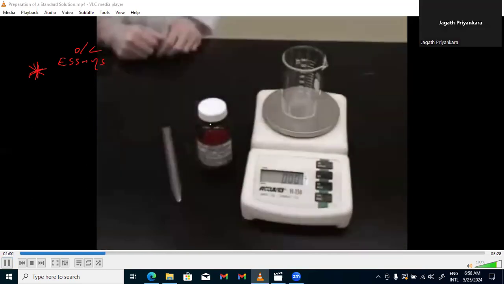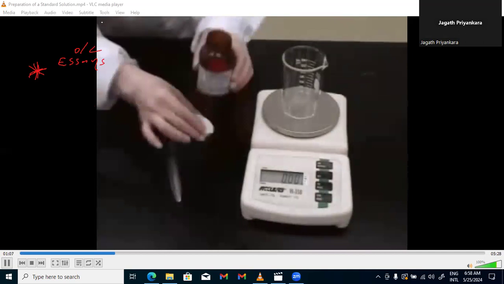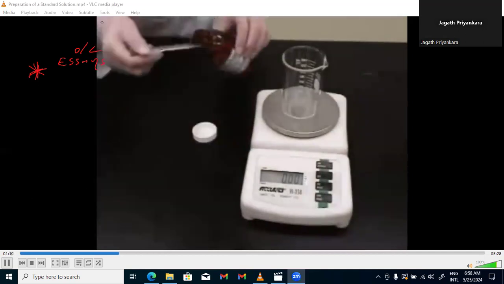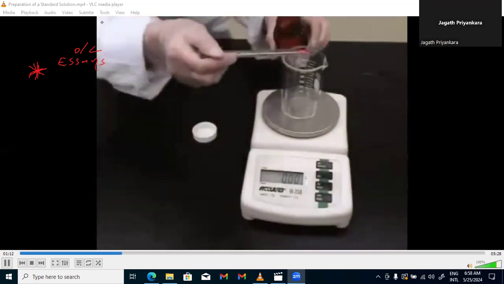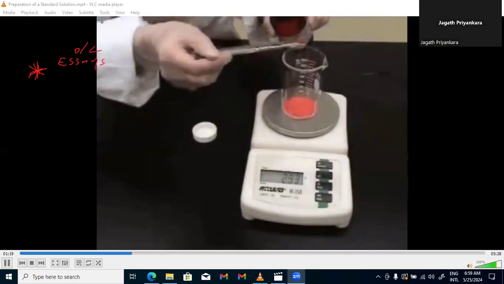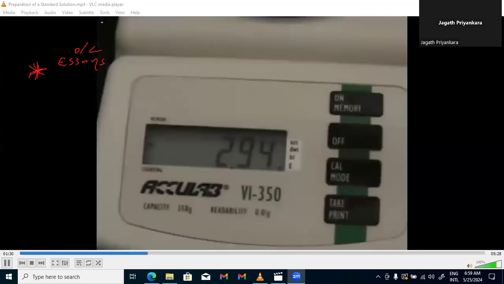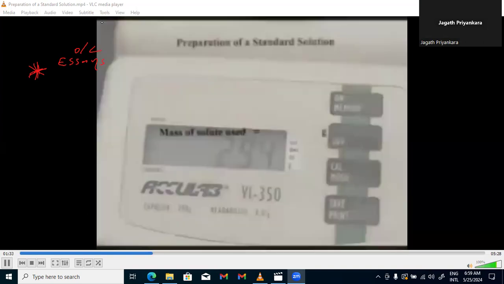We now need to add the calculated amount of potassium dichromate to the beaker. In this case, it was 2.94 gram. Record this in your data table.